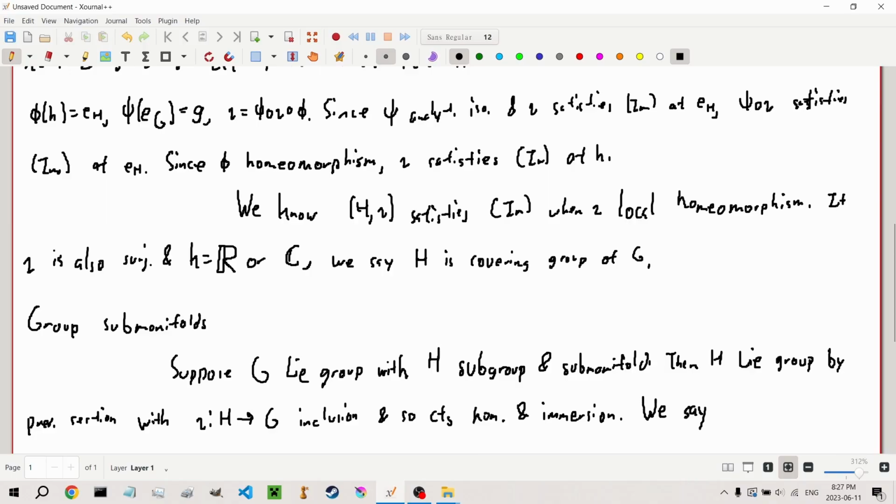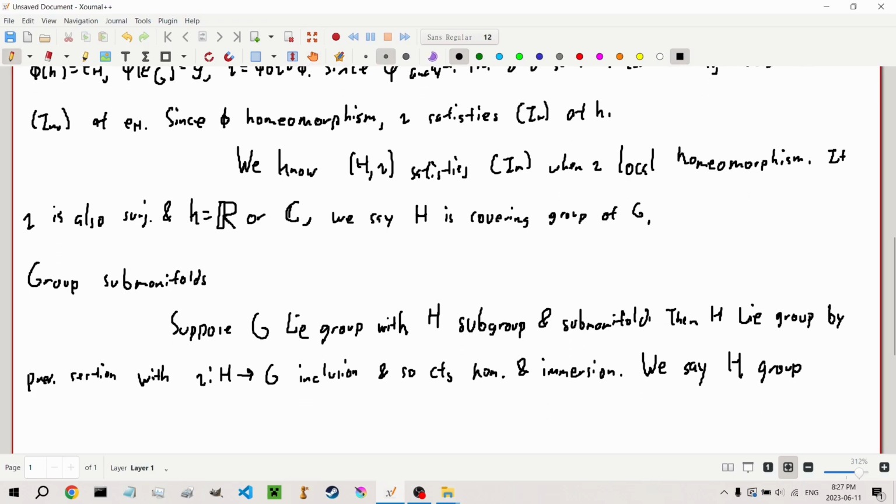We say in this context H is a group submanifold of G.